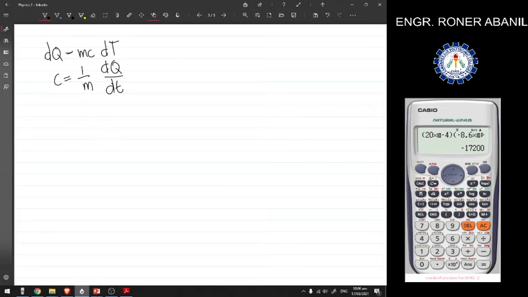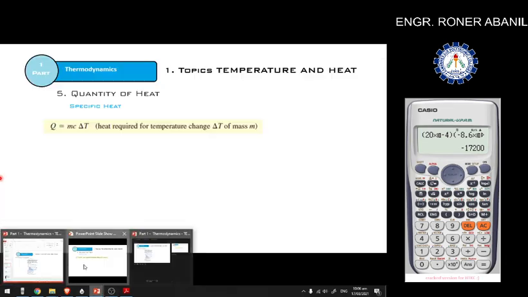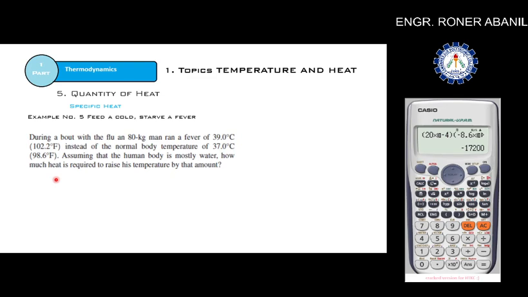So punta tayo ngayon sa example para mas makakuha natin. Example number 5. Feed a cold, starve a fever.